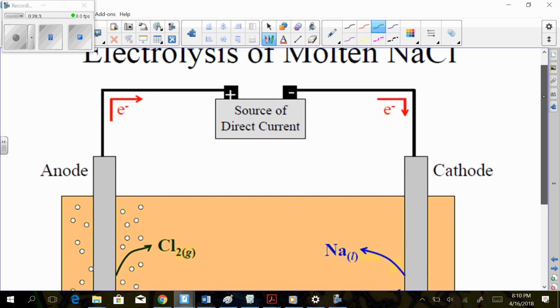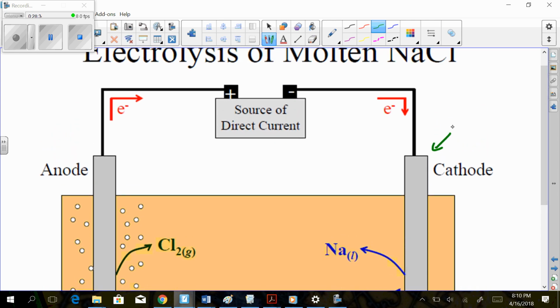These electrodes are typically inert, or not reactive, things like platinum or graphite. We used graphite the other day for our electrolysis cell.